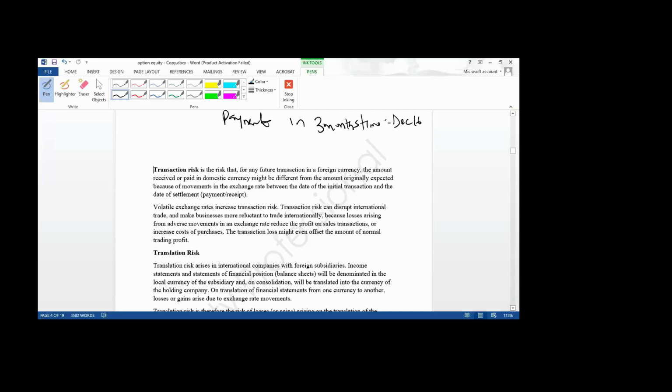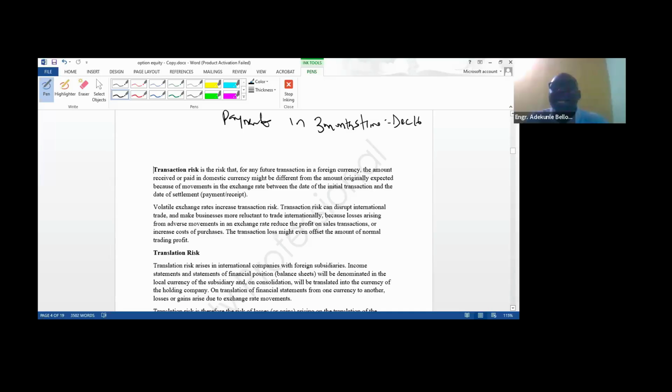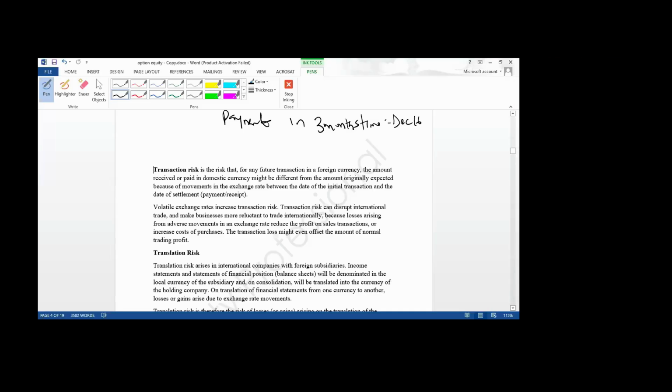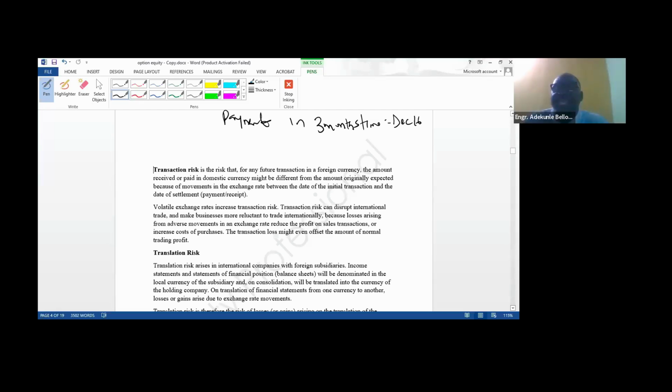Yes, it's clear. But in that question, what do I say is the transaction risk? I'm not talking about the estimation now. Look at the risk involved. Okay, sir. As of today, you imported goods from China. You are supposed to pay $50 million.